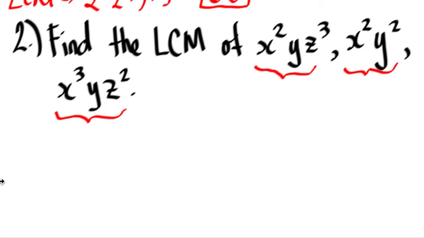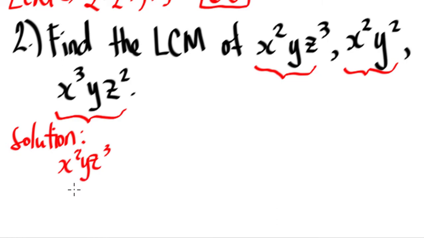If you want the same old solution, like the ones we have shown above, it will look like this: x squared y z cubed, x squared y squared, and x cubed y z cubed.